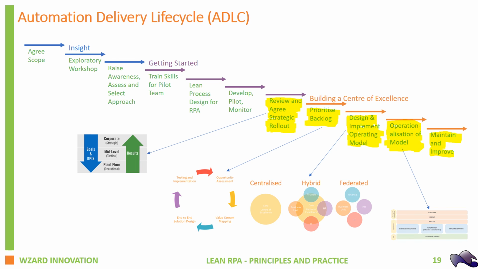And I would be remiss if I didn't mention at least one more time the topic of continuous improvement, that you need to put in place an ability for the system to self-learn and maintain and improve. So this is our automation delivery lifecycle. It's a simplified version to help you identify at a high level the key steps that you're going through, from initial insight through getting started to scaling and sustaining your innovation and automation practice.